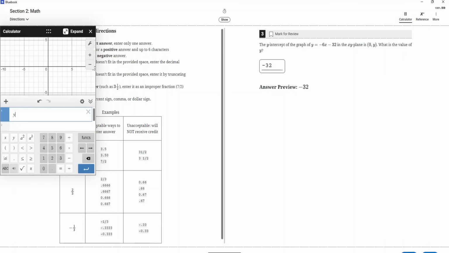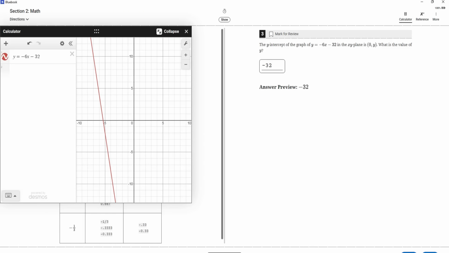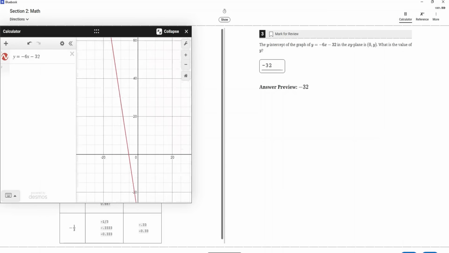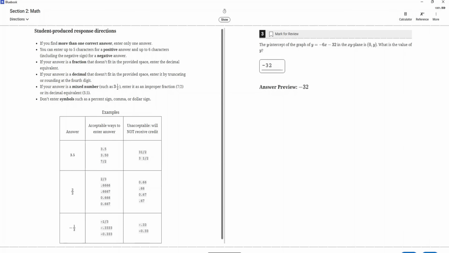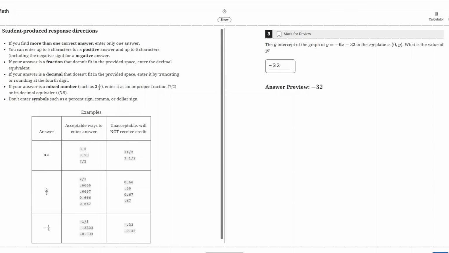So I write y, but you don't need that, but still negative 6x minus 32. Okay, let's expand it, and as you can see, y-intercept is here, so 0, negative 32. Okay, but I repeat, we can see that from the equation only. We don't need to draw the graph here.